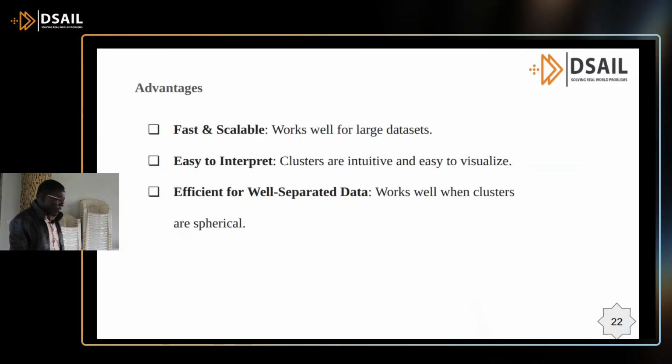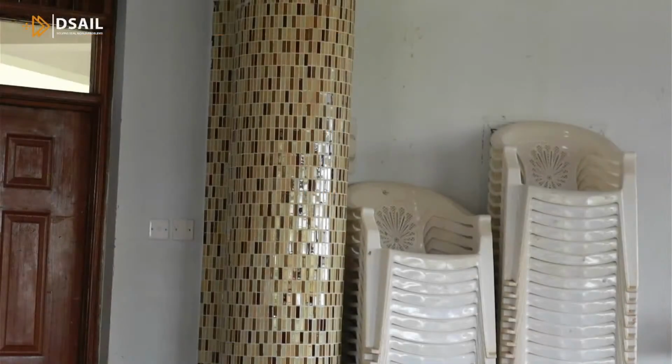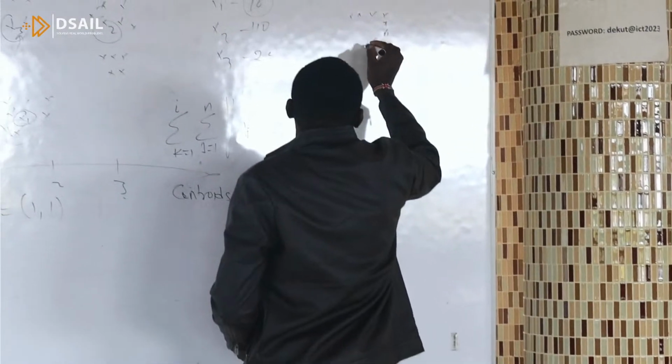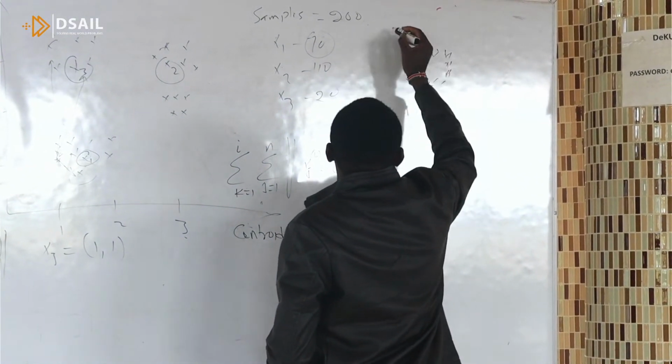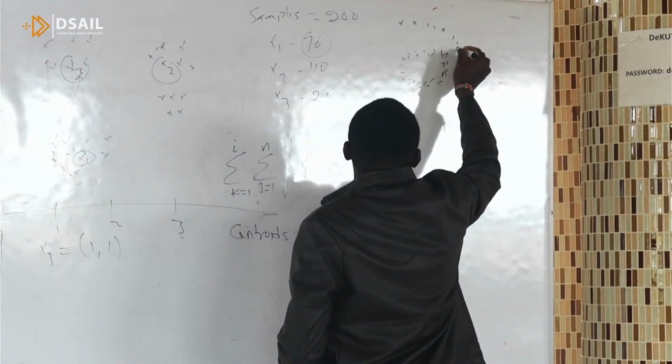So the advantages of this are that it's fast and scalable, and easy to interpret. It's efficient for well-separated data points. What this really means is, let's say you have your data points something like this, and then you have another one like this.